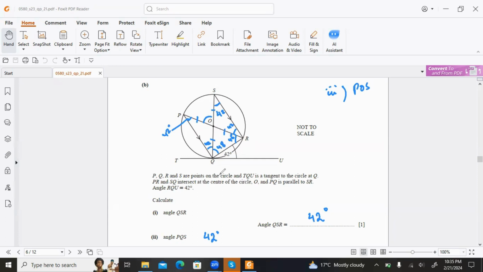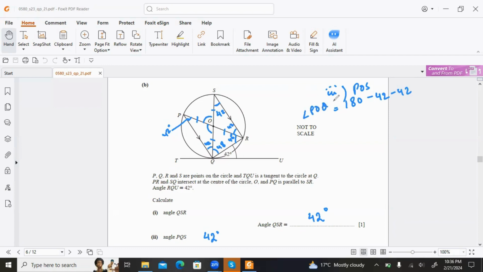What we're going to do is calculate this angle by doing 180 minus 42 minus 42. This gives us angle POQ.